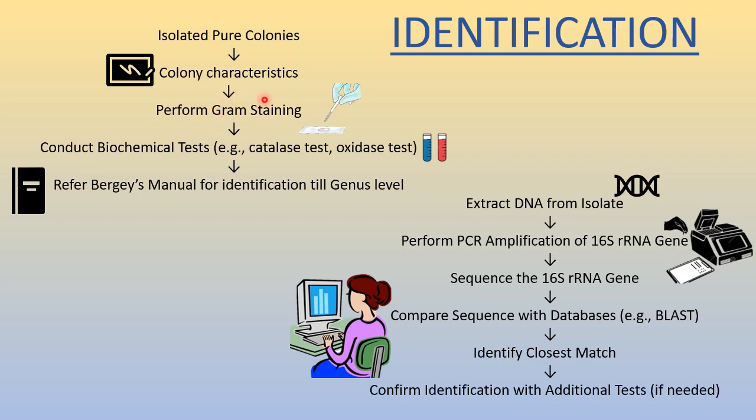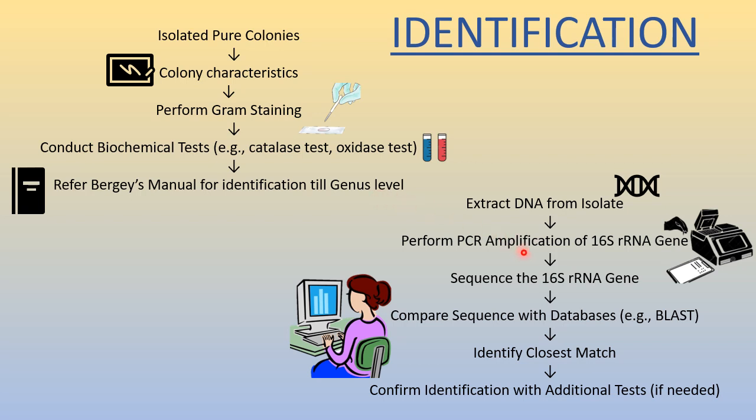Now, depending on your gram staining and motility, you refer to Bergey's manual for identification up to the genus level, and you plan what kind of biochemical tests you need to perform. And then depending on the results of biochemicals, gram staining and all other tests, you can try to identify up to the genus level. This is for college level practicals.